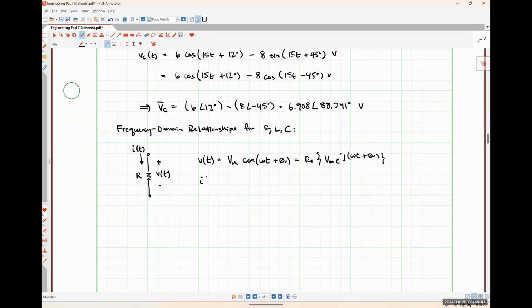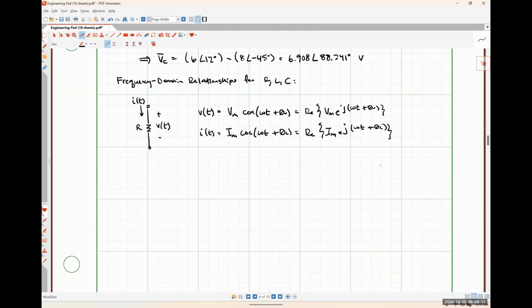And our current should have that same basic form. So Im cosine omega t plus theta I, which is the real part of Im e to the j omega t plus theta I, like so.